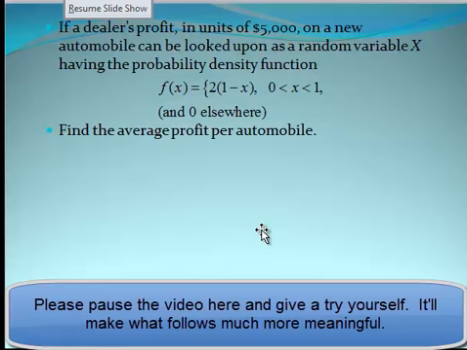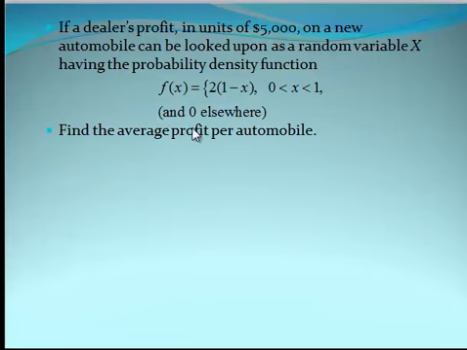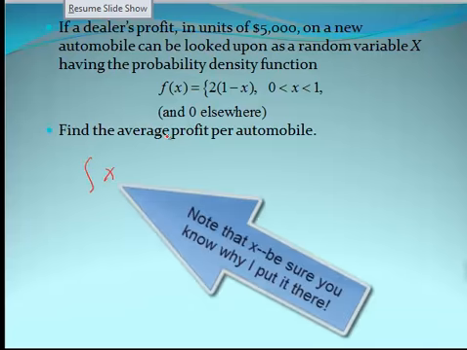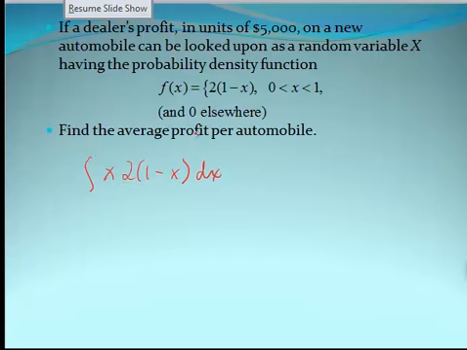So what I want you to do is go ahead and take a look at this problem and see if you can solve it. Resume, and all we have to do is take this function and integrate. We're going to take x times 2 times 1 minus x dx, and integrate, for the average profit per vehicle.